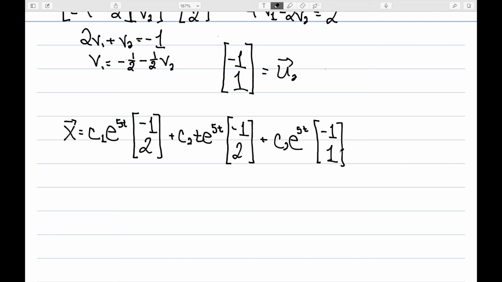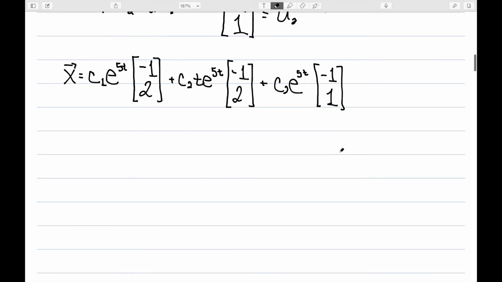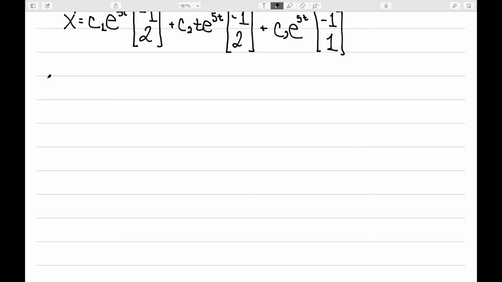So I have my solution. And let's suppose we want to take it a little bit further. Let's suppose we know that if t is equal to 0, then x is equal to 1 and y is equal to 1.